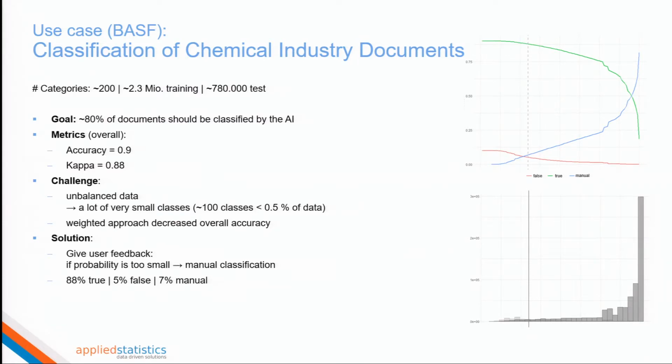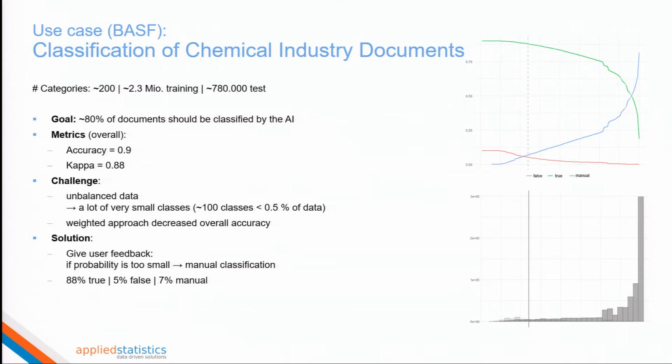So of course, the higher the threshold is, the more documents you have to classify manually, and the lower gets the rate of false classified documents. But you also don't want to have too many documents that have to be classified by hand, so it was a bit of finding a good balance here.